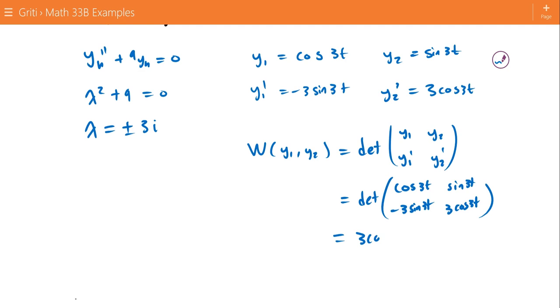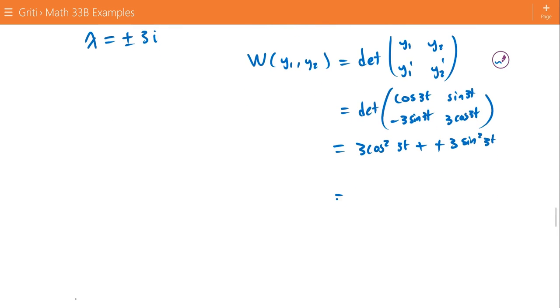It's going to be 3 cosine squared 3t minus negative 3 sine squared 3t. These two negatives will create a positive. Factoring out 3, we get 3 times cosine squared 3t plus sine squared 3t, which is just 1 by the Pythagorean theorem. So the Wronskian equals 3.